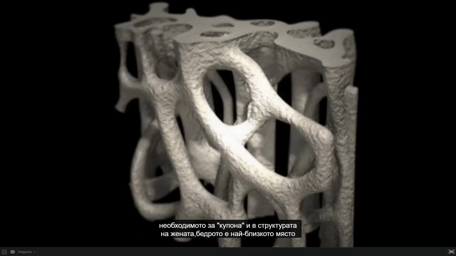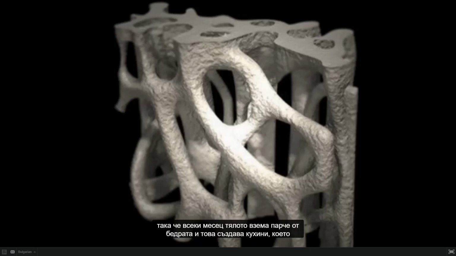And in the structure of the life of the woman, the hip is the closest place where a large amount of calcium can be deposited and used in the soft tissue immediately when it's needed every month for the inception of the child.